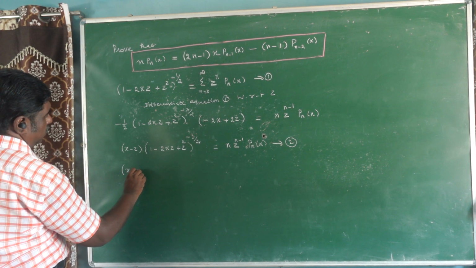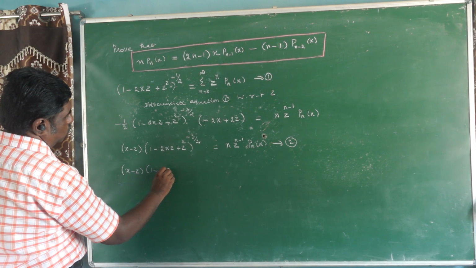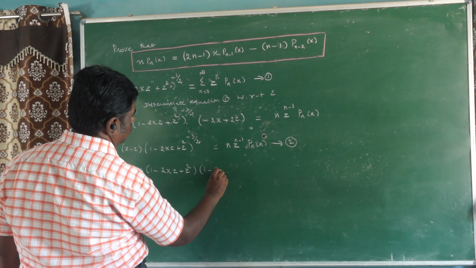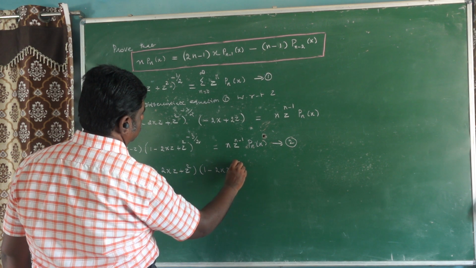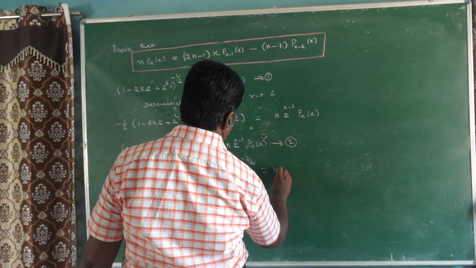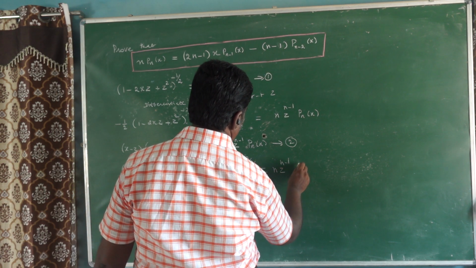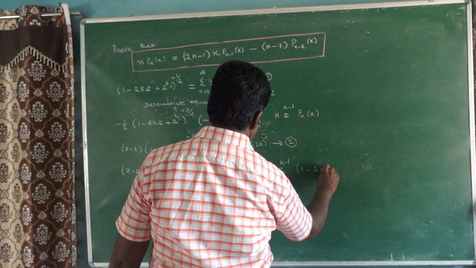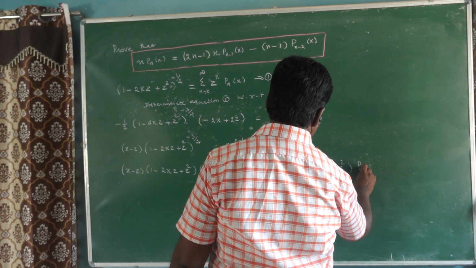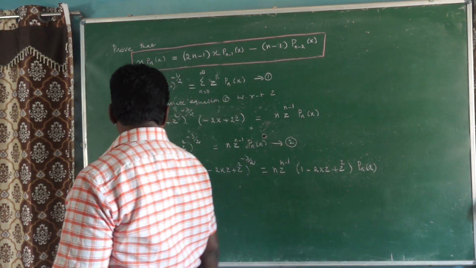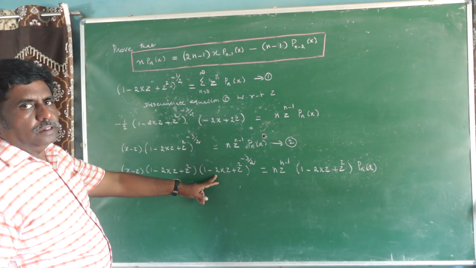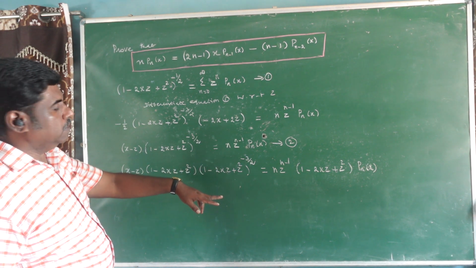Then (x minus z)(1 minus 2xz plus z square) into (1 minus 2xz plus z square) power minus 3 by 2 is equal to n z power n minus 1 (1 minus 2xz plus z square) into Pn of x. You have to apply the rule a power m into a power n equal to a power m plus n.